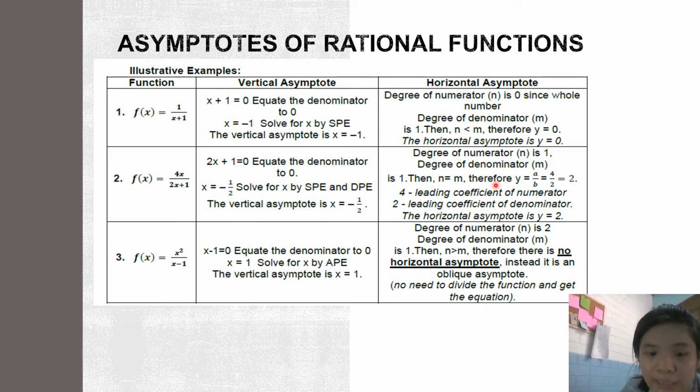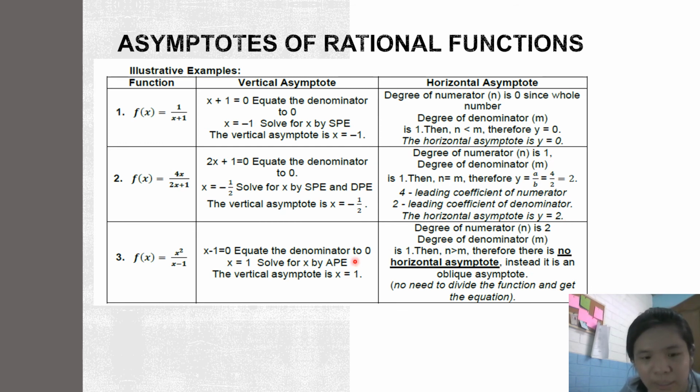And where a is the leading coefficient of the numerator and b is the leading coefficient of the denominator. So, leading coefficient, titingin tayo niyan sa highest exponent na variable na ginamit natin, which is 4x. So, 4 yung a. Yung sa denominator naman is 2. So, 4 over 2 is 2. Therefore, the horizontal asymptote is y equals 2.